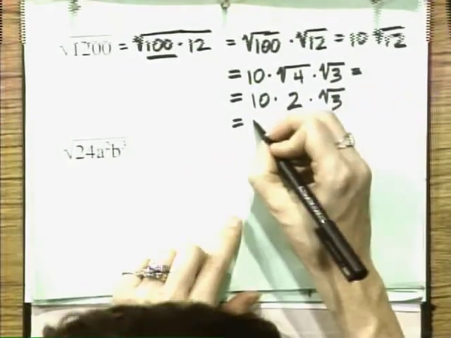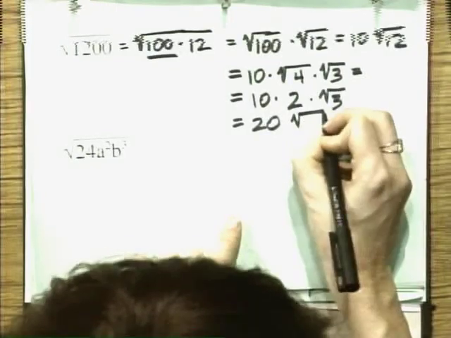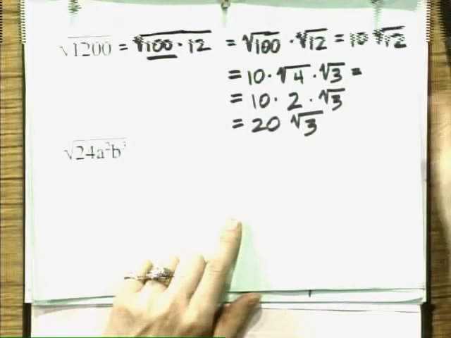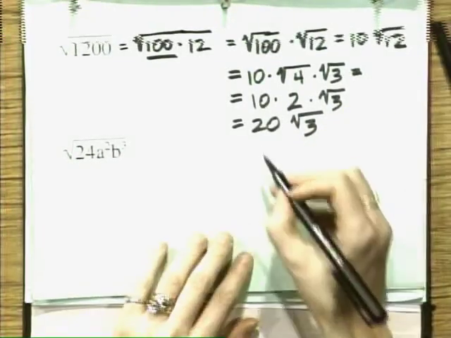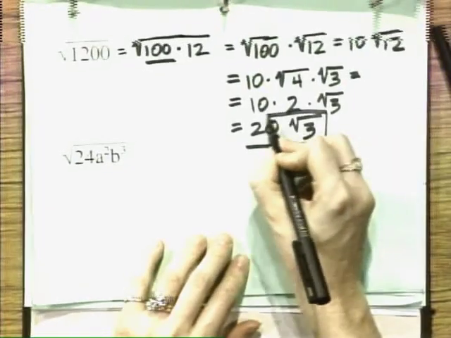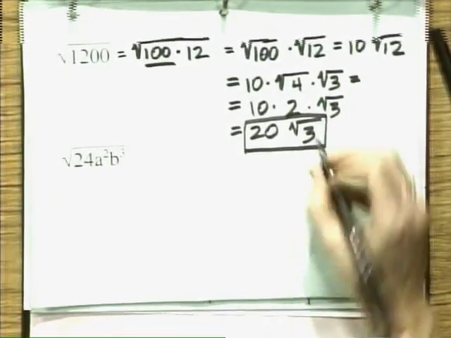What's 10 times 2? 20 times the square root of 3. That's known as simplest radical form because there's absolutely no further simplifying you can do with the 3 inside the radical. We're done. So again, our goal is to always look for perfect square factors in the radical because we can simply take their square roots.